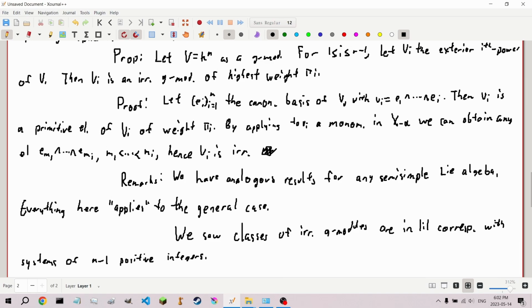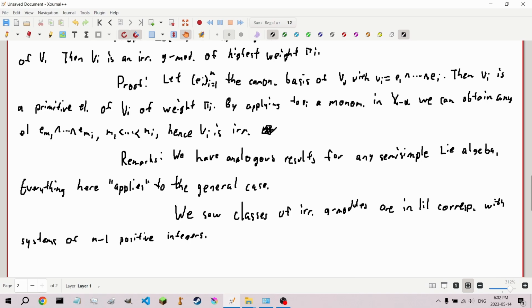And it says that there's an explicit description in Weil's book, The Classical Groups.